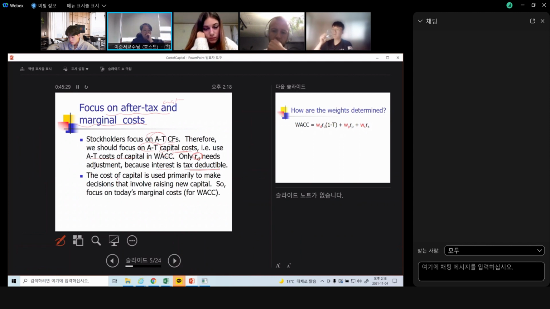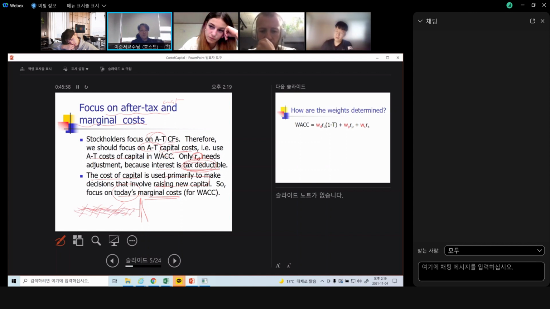The cost of capital is used primarily to make decisions that involve raising new capital. So focus on today's marginal cost. What does that mean?